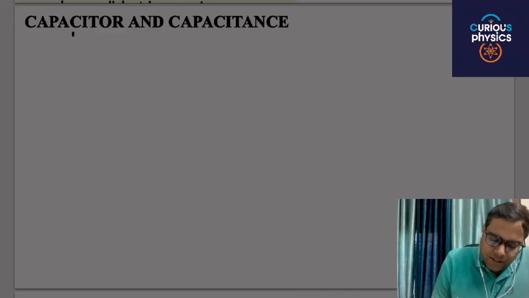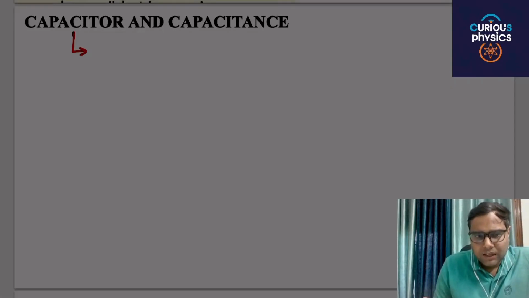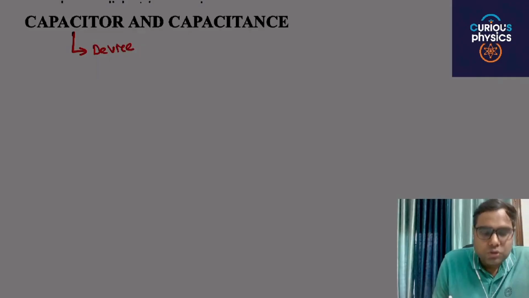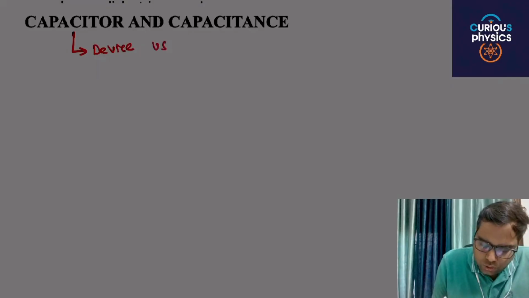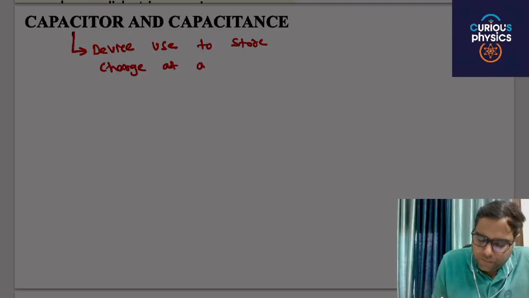So capacitor basically is an electric device used to store charge at a particular potential difference.